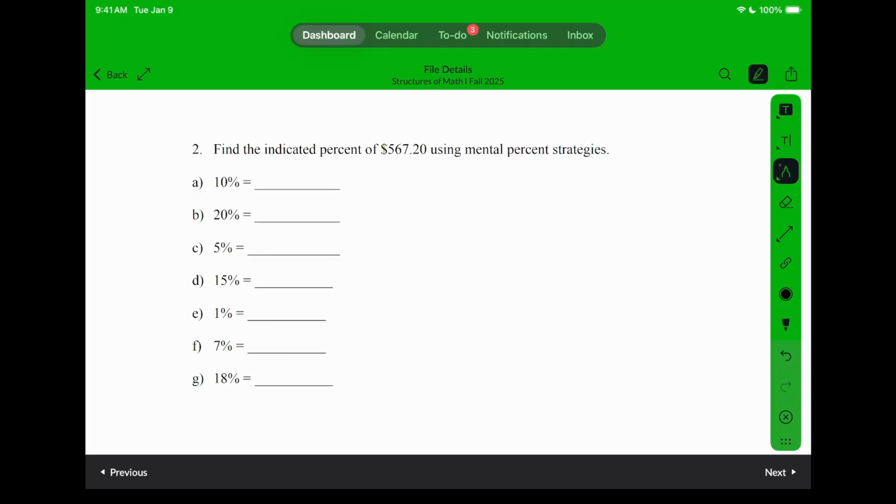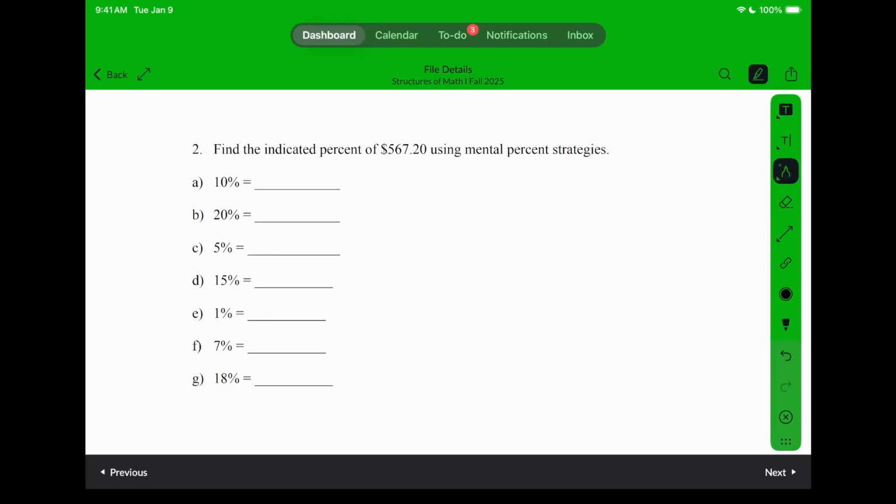So we're going to be using the number 567.20. Best way to start is always find 10%.